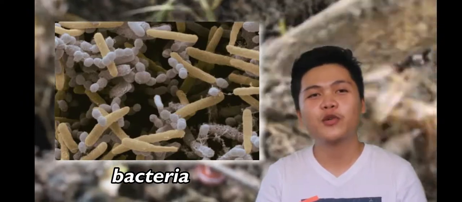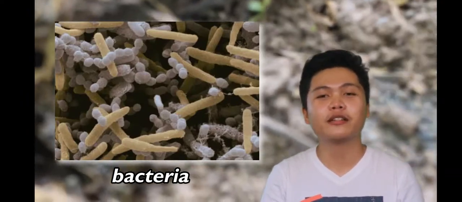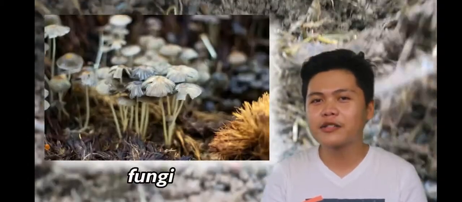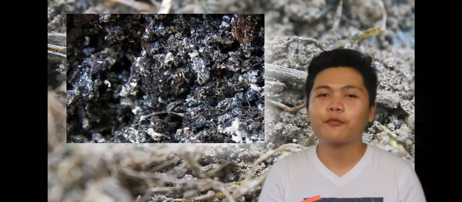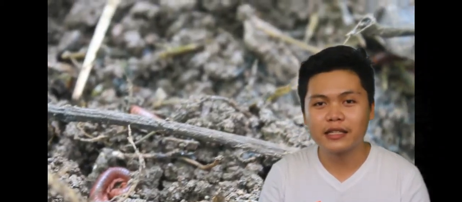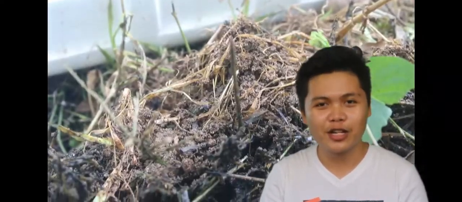In these processes, bacteria do the lion's share of the composting. Microscopic creatures such as fungi, molds, protozoa, actinomycetes, and other saprophytic organisms feed upon decaying organic materials initially.